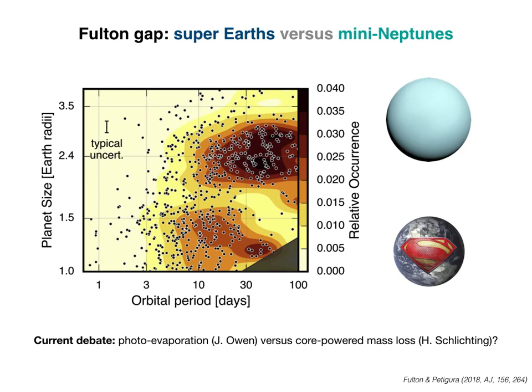This atmospheric loss has at least two mechanisms that are actively debated in the literature: photoevaporation by ultraviolet and X-ray radiation from the star, versus core-powered mass loss as a result of the remnant heat of formation. This debate is still occurring as we speak.